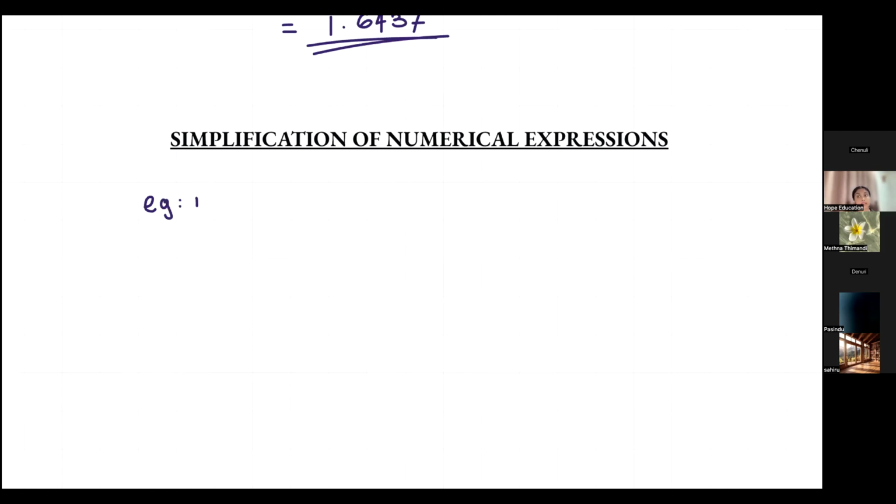Let's discuss one example together, then I'm going to give you some questions to do alone. No, actually, I think we'll discuss two examples together.